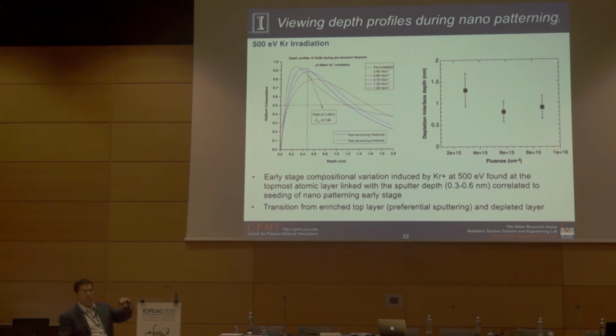We looked at the way the composition changes. And we found something very interesting: in this particular case, for krypton, we see an enrichment of antimony right before the patterns and a subsurface enrichment of gallium. And it's that subsurface enrichment of gallium over time that is inducing the overall patterning laterally on the surface.